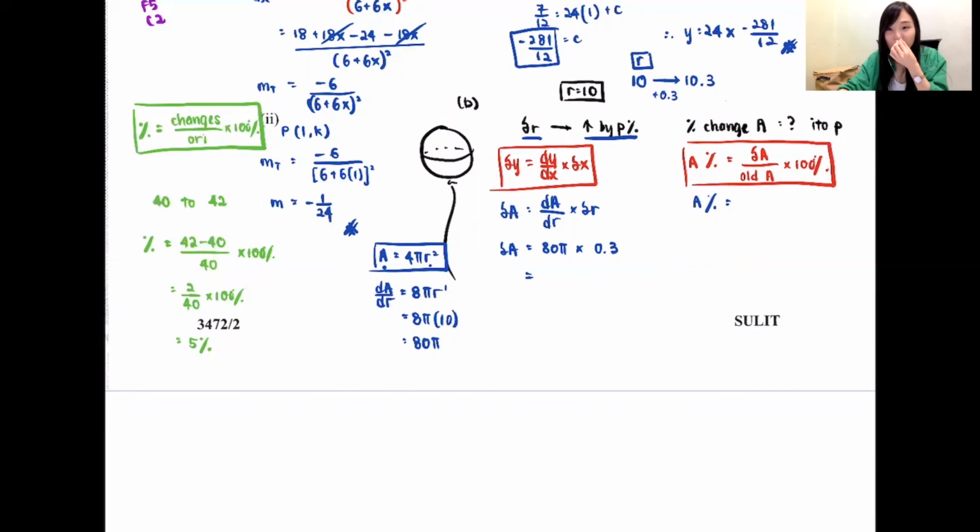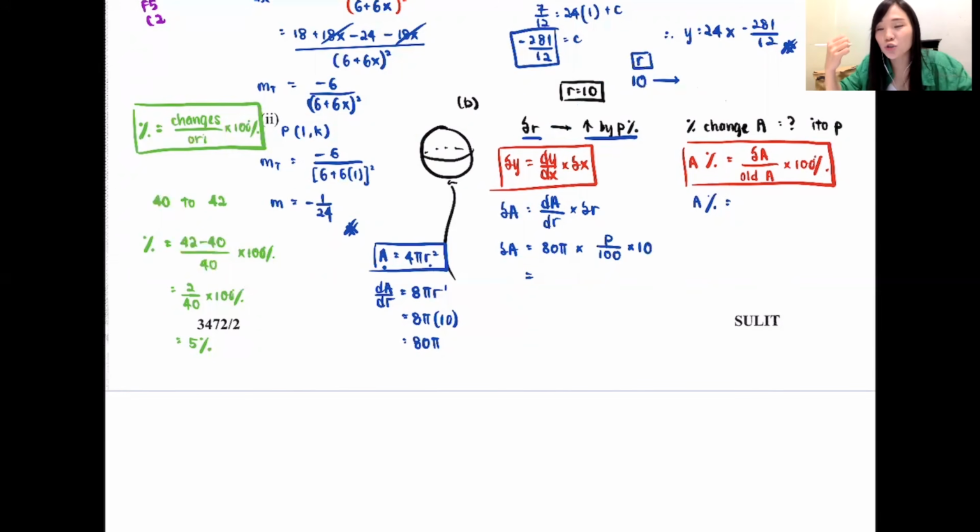So, guys, now you know, if they increase by P%, it's not 10.3 anymore. Percentage change to a normal number is actually P over 100, because percentage is always over 100, right? But P over 100 of how much? You will be P over 100 of your R, and your original R is actually 10.